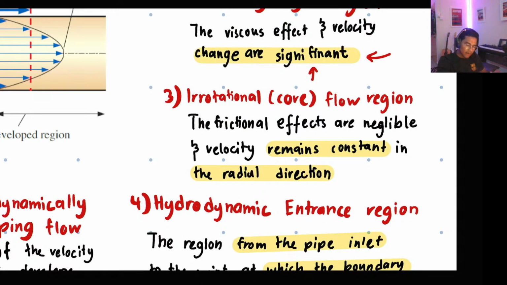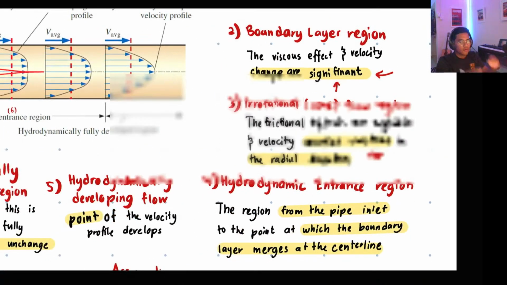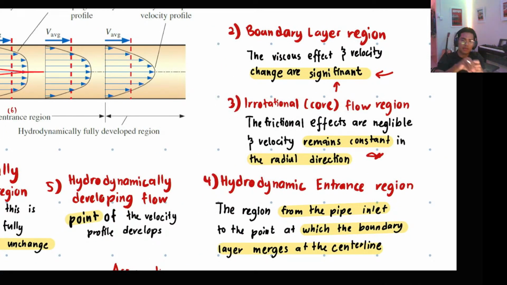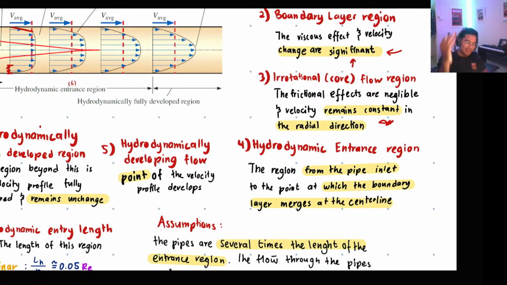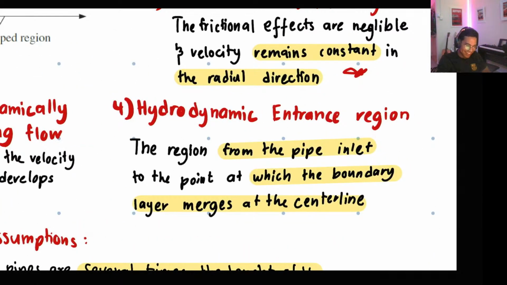So the frictional effects are negligible and the velocity remains constant in the radial direction. We assume the flow is just like that, not swirling. I don't know if you guys understand or not, but okay, let's move on.